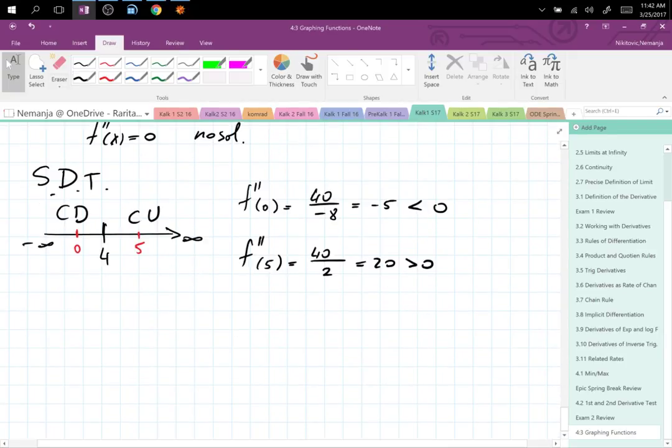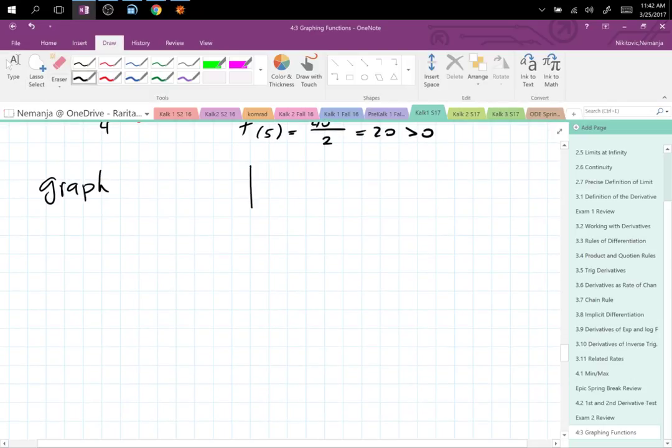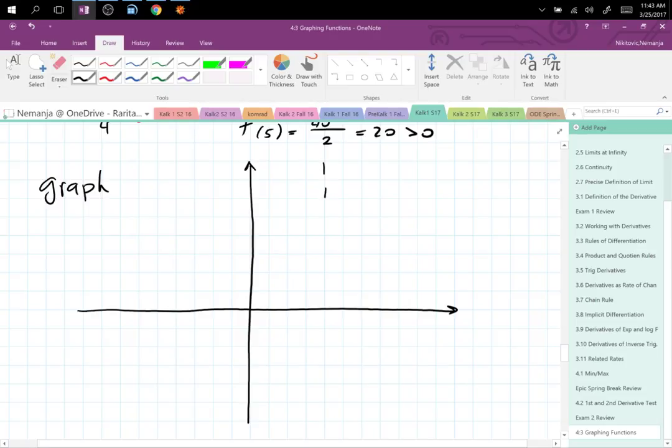All right. So now to graph this, what do I have? Let's go. I have vertical asymptote. I'm going to make this graph larger. Vertical asymptote at positive 4. Horizontal asymptote at 1.